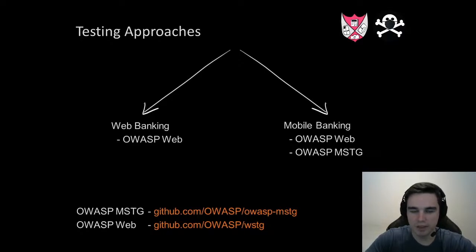So for the platform and the application, we use OWASP MSTG, and for the server side, we use OWASP Web. They may have some intersections, and in the best case this intersection should be fixed, and the best way is to have one big checklist and one big guide.